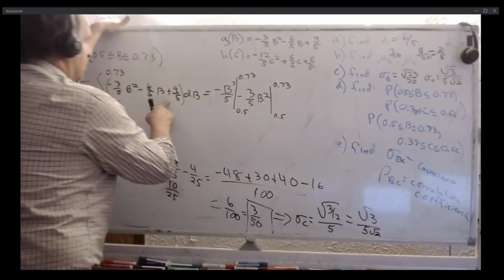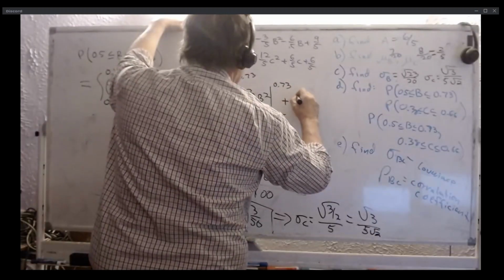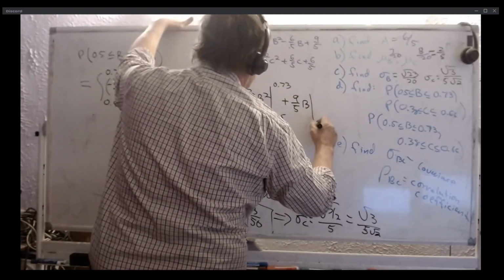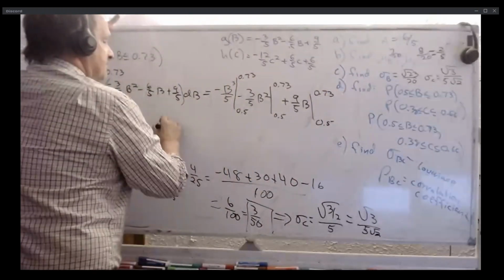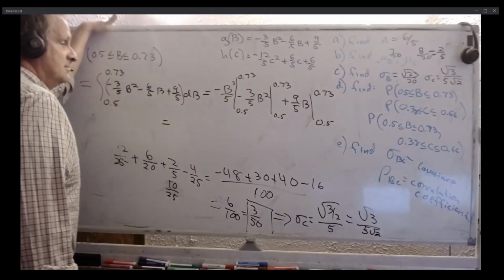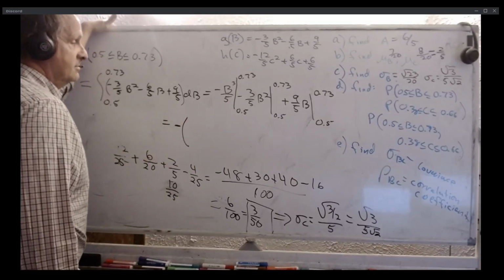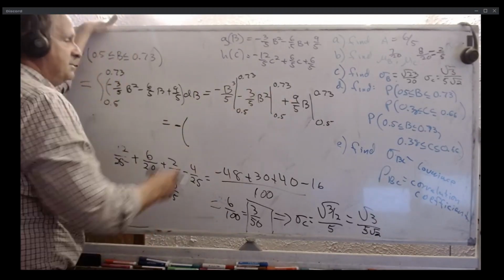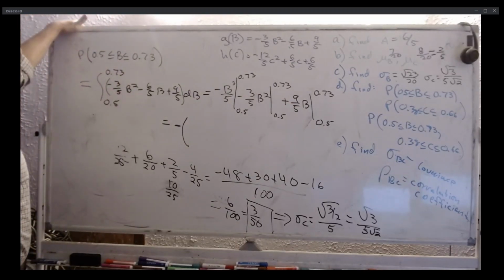And then we have a plus 9/5 of B. I can probably do that one in my head, but man, the rest of them, forget it. What do you get? And make sure I didn't screw anything up here. I probably did. Shouldn't that first one be negative 3 over 15 b cubed?